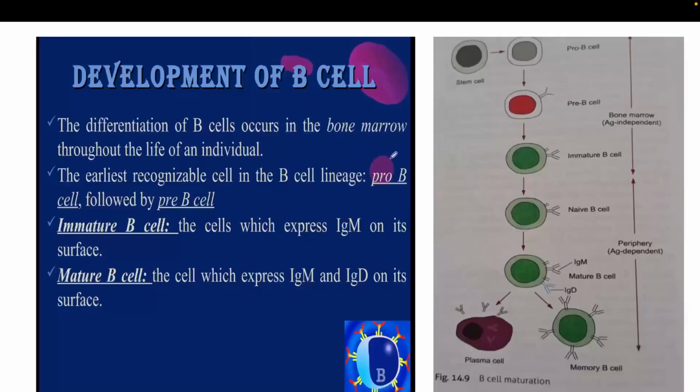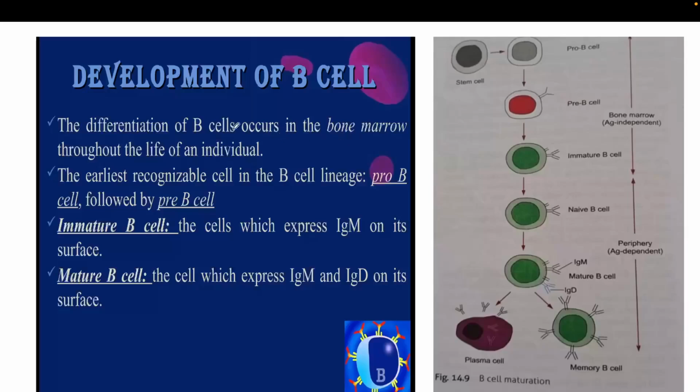So this is the flow chart of the development of the B cell. The differentiation of B cells occurs in the bone marrow throughout the life of an individual. In case of the bird, it is the bursa of Fabricius, and in case of the human, it is bone marrow. It first develops and matures, both happening in the bone marrow.